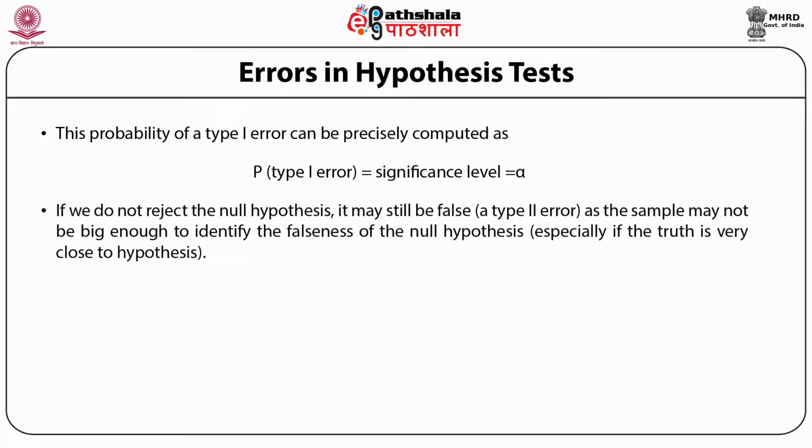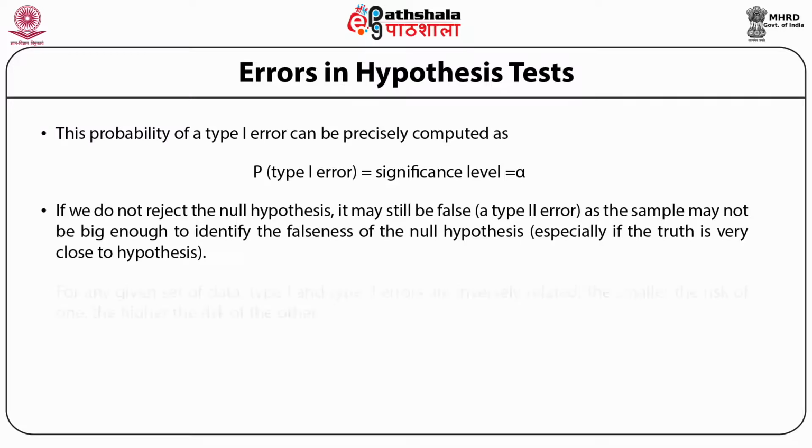If we do not reject the null hypothesis, it may still be false, and we call it a type 2 error, as the sample may not be big enough to identify the falseness of the null hypothesis, especially if the truth is very close to the hypothesis.